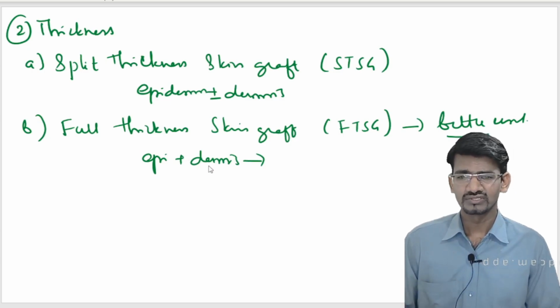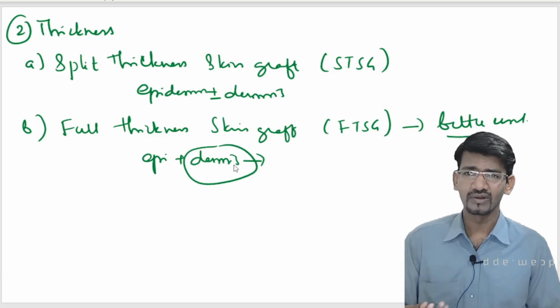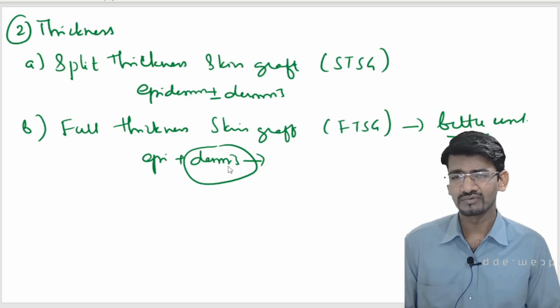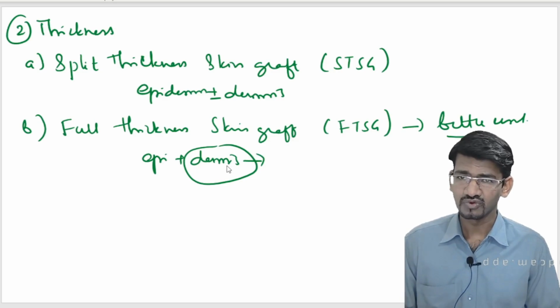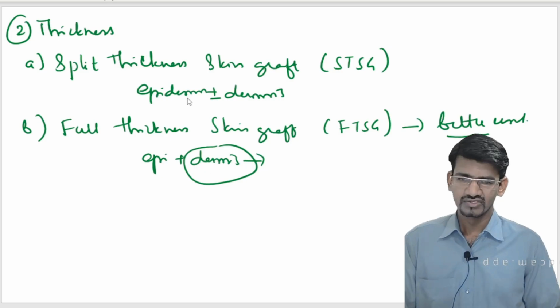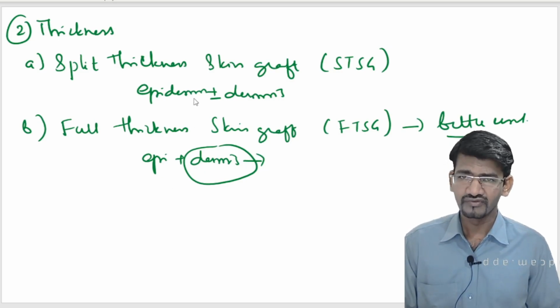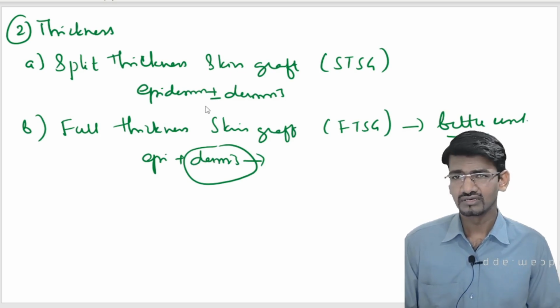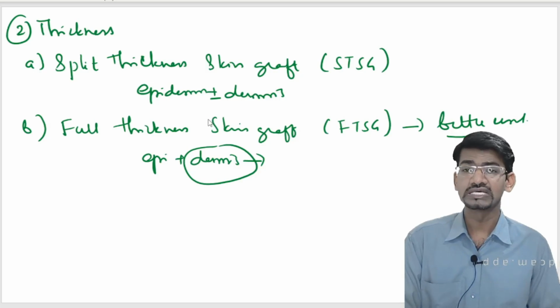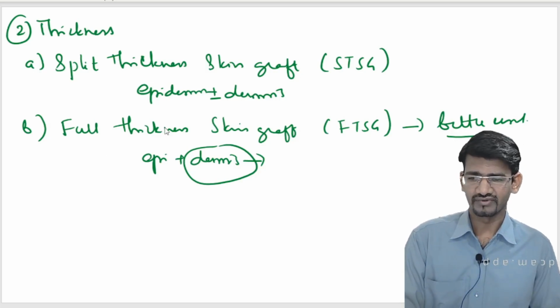Because in the dermis we are taking the blood vessels and all, there is proper blood supply, the vascularization is proper with full thickness skin grafting. But here it won't grow, it will just close the wound. So this is based on thickness, split thickness and full thickness grafting.